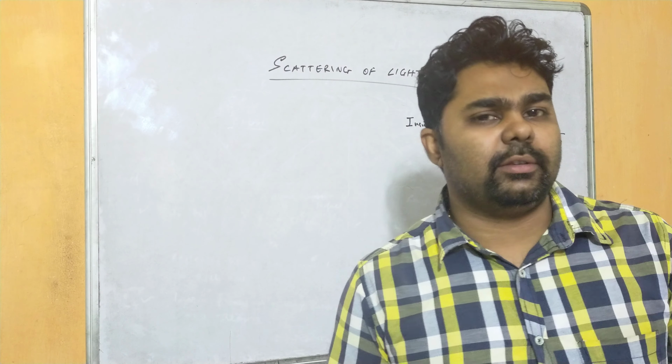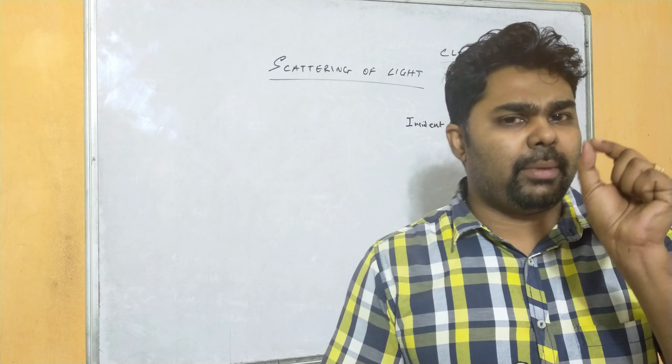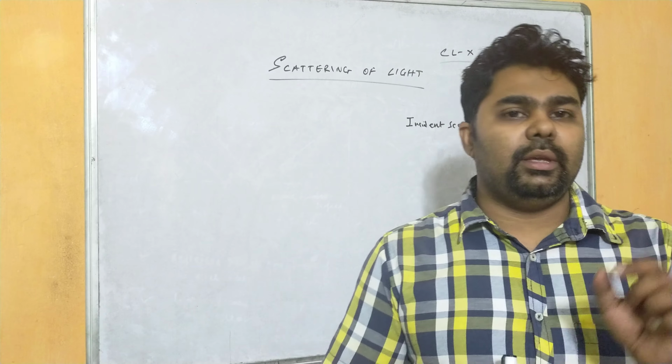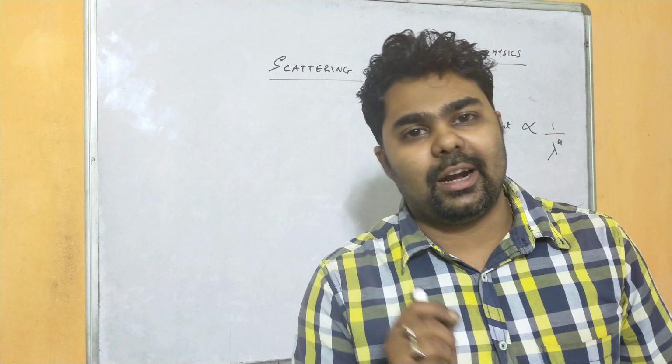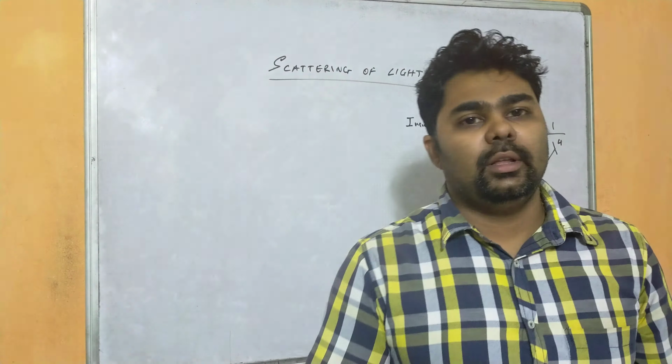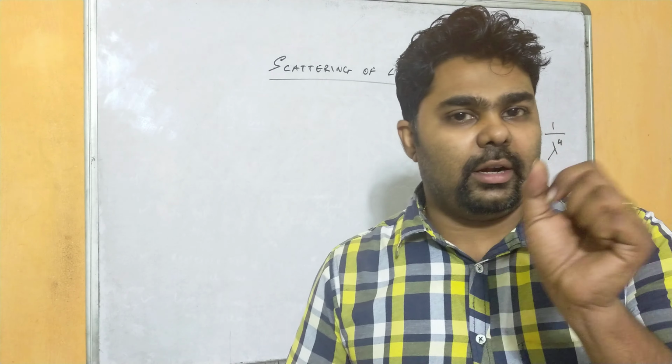If the size of the particles is very small, very fine, very minute, then the scattered light will be blue in color. Similarly, if the particles in the atmosphere become larger, then longer wavelengths are involved. The longer wavelengths get reflected by the larger particles.